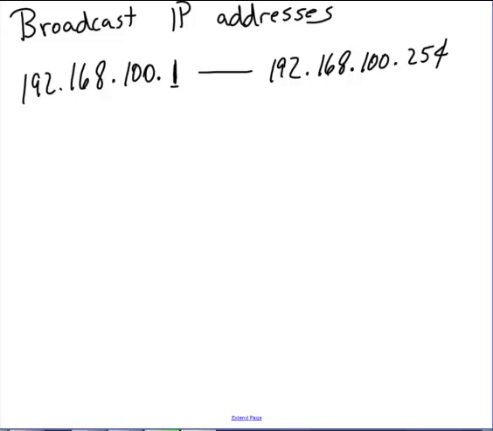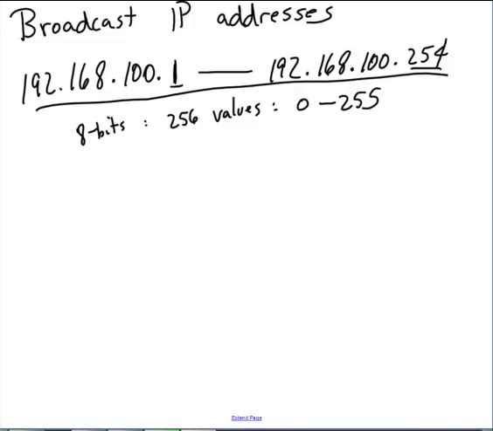Now, this field, like the others in the IP address, is 8 bits long, which means it can take 256 possible values, which really means it takes the values 0 through 255. Well, notice 0 is outside of this range, as is 255.